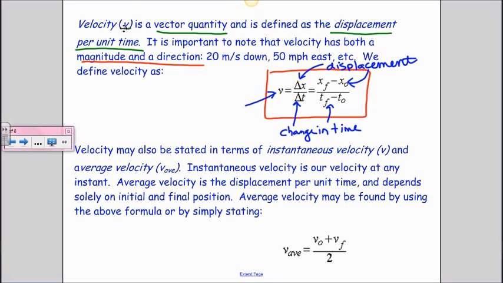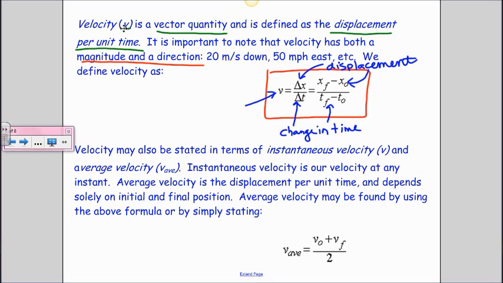There are two different kinds of velocity. There's instantaneous velocity, and there is average velocity. Instantaneous velocity is our velocity at any given instant. So if you're running and someone takes a picture of you, in that given instant you had a certain velocity. That would be your instantaneous velocity.